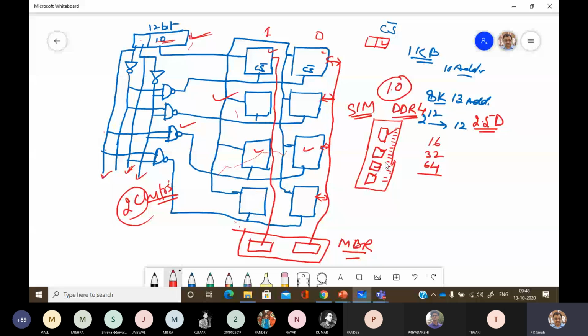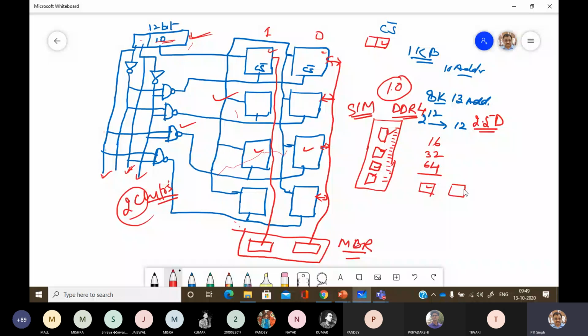These chips are nothing but memory banks. For this particular case that we have discussed through this circuit, we may realize memory with two memory banks. One will contain odd addresses, another will contain even addresses.